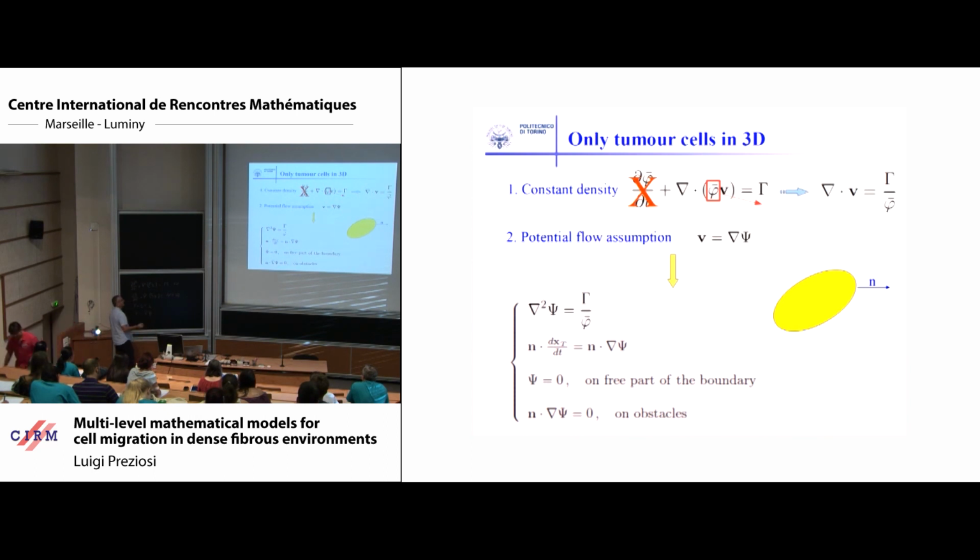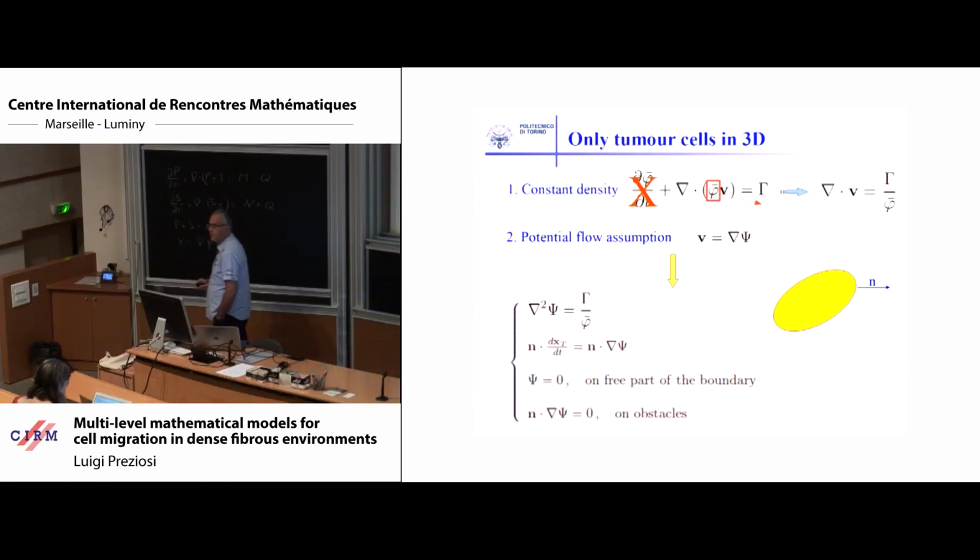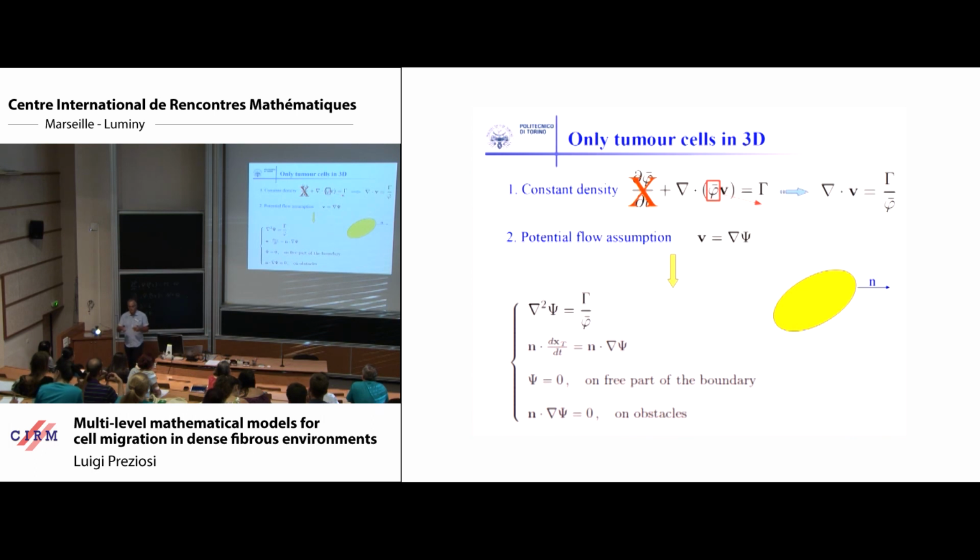Good. Now there are two types of boundary conditions that you can apply. One is that psi is constant, say on the border, and this is the free part of the boundary where the tumor can expand freely. But of course, during growth you can encounter obstacles, say a bone or another tissue, and so on.